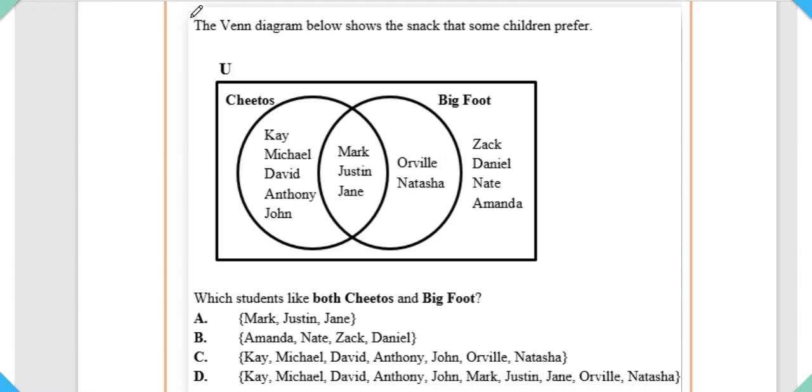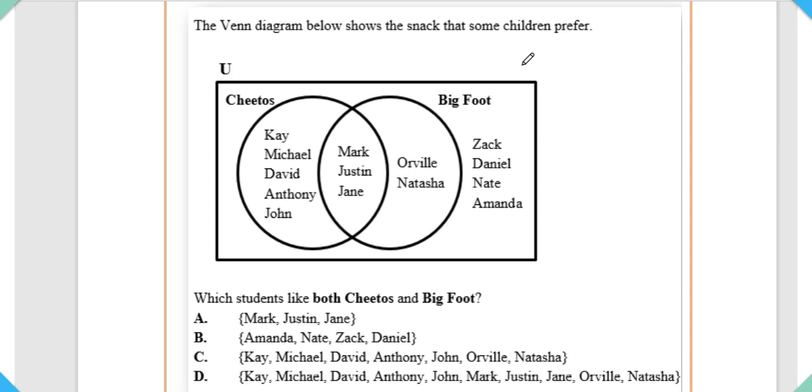Item 1. The Venn diagram below shows the snack that some children prefer. The question is, which students like both Cheetos and Bigfoot? First of all, let us look at the Venn diagram, and let me explain to those who don't know or don't remember.